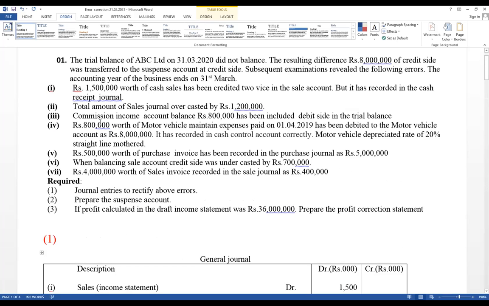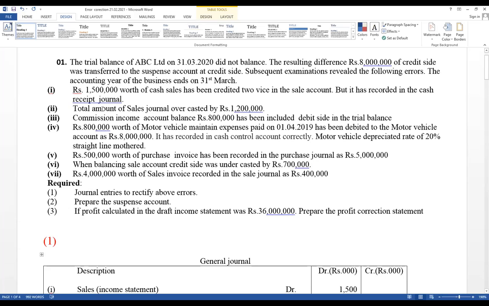But think about logic. Second part, think about sales journal overcasted. Sales is income. Therefore, income overcasted. Therefore, effect for profit also increase. Effect for profit increase as a result of these errors. Therefore, for correction, deduct. Effect for profit increase, for correction should be deduct.